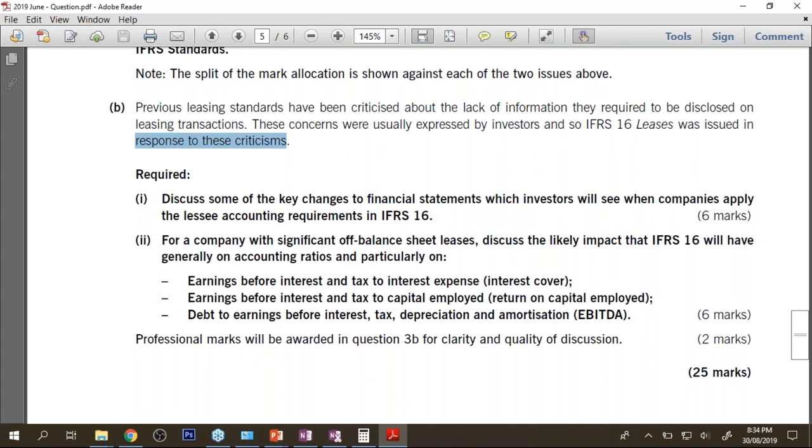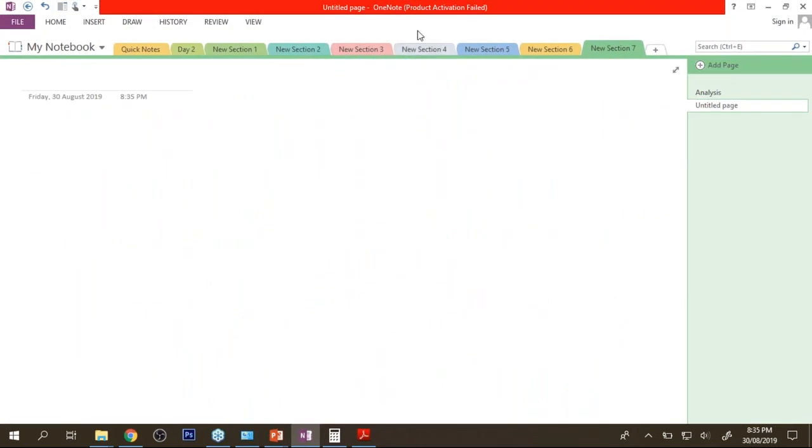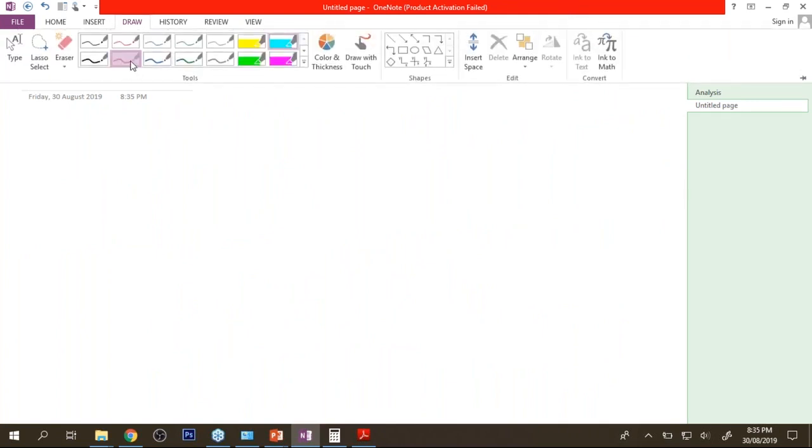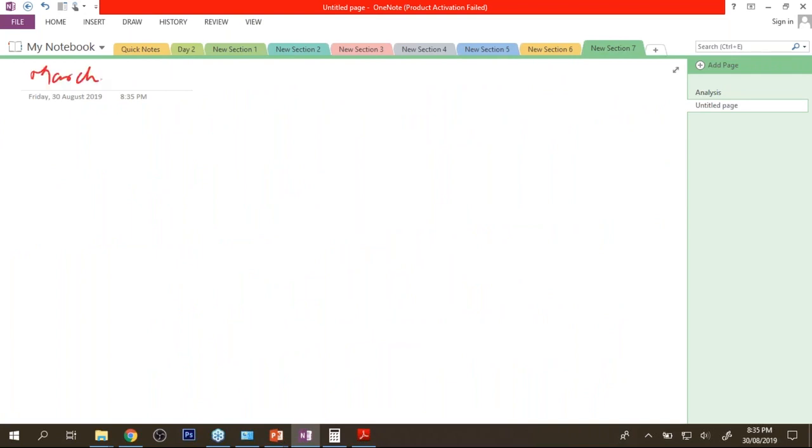Now, what do we have to do? The question says that in A1, discuss some of the key changes to the financial statements which investors will see when the companies apply lessee accounting requirement in IFRS 16. So what will be the changes in the financial statements if we apply lessee accounting requirement as per IFRS 16? So we are talking about March 2019, question 3, part B.